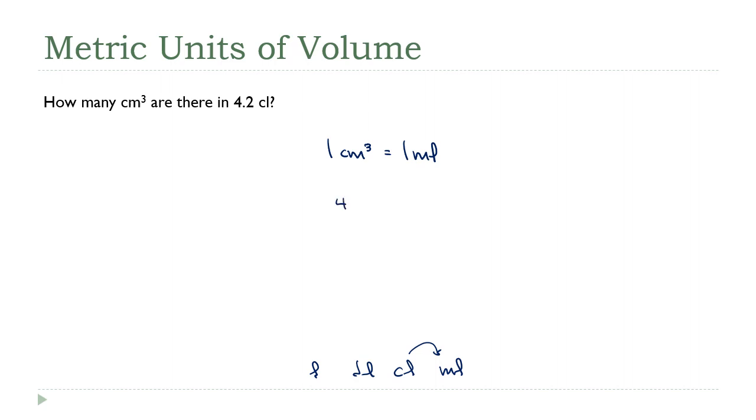So 4.2 centiliters. If we move the decimal point 1 unit to the right, it becomes 42 milliliters. And a milliliter is the same as a cubic centimeter. So this is 42 cubic centimeters.